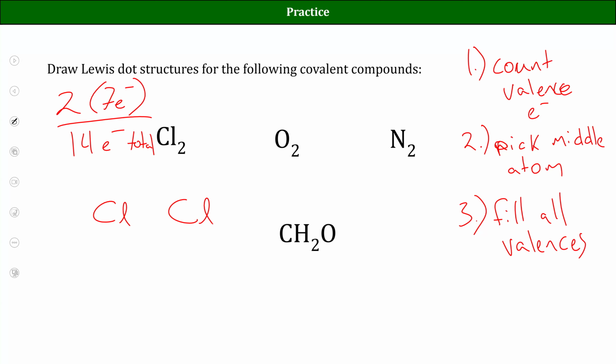If we know that there's 2 atoms and they're part of the same molecule, we know they have to be connected, right? So we can start by drawing a bond between them. How many electrons did that use? 2. 12 electrons left.